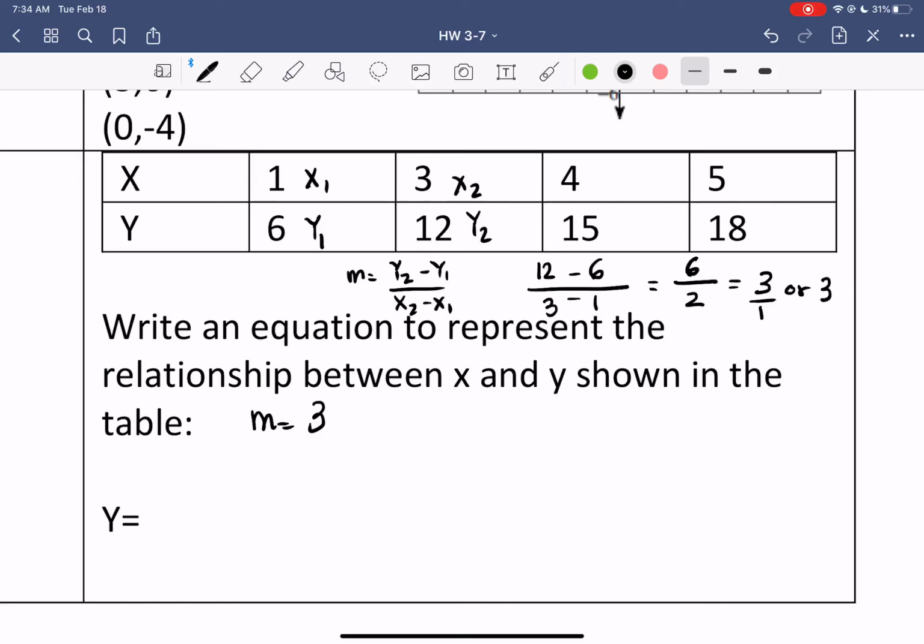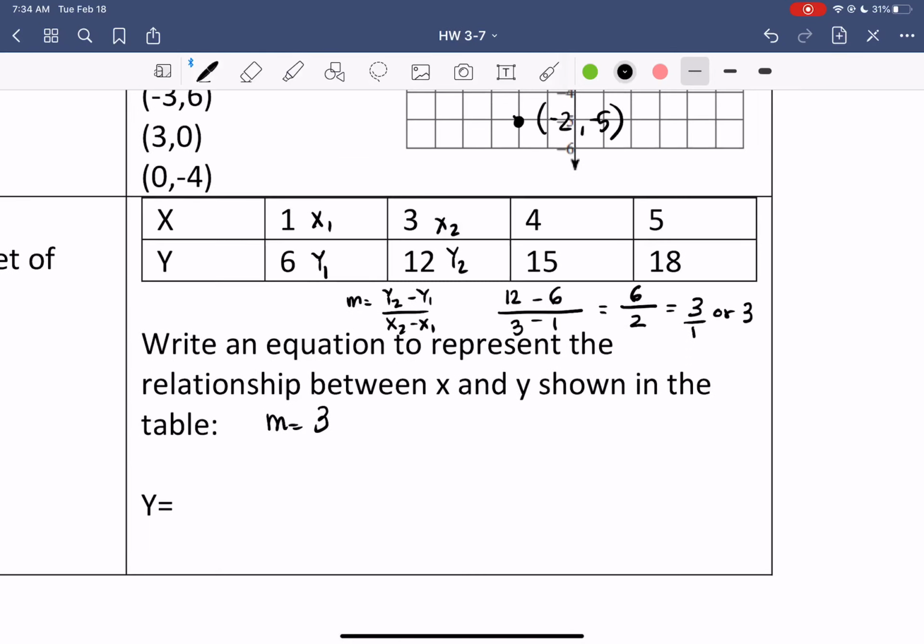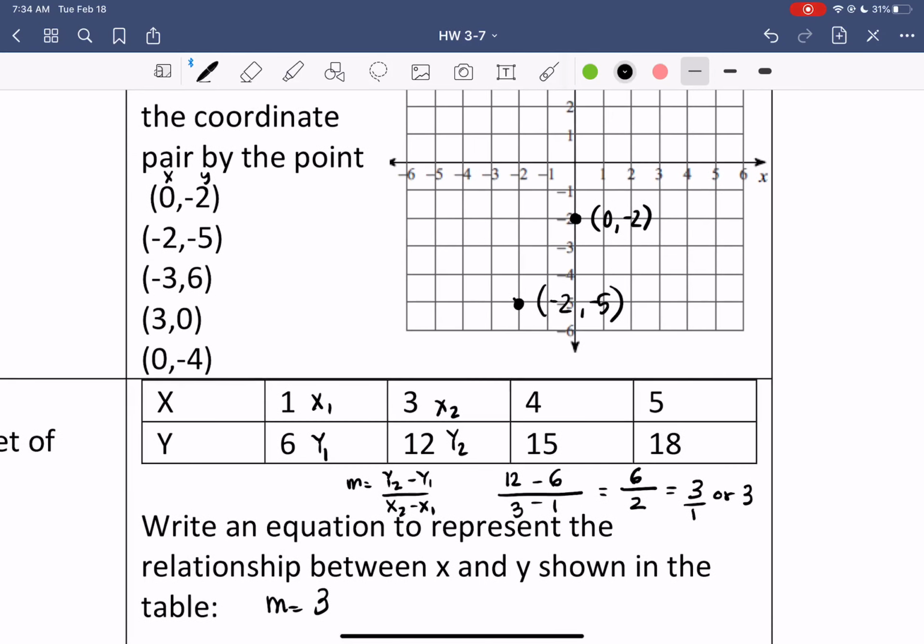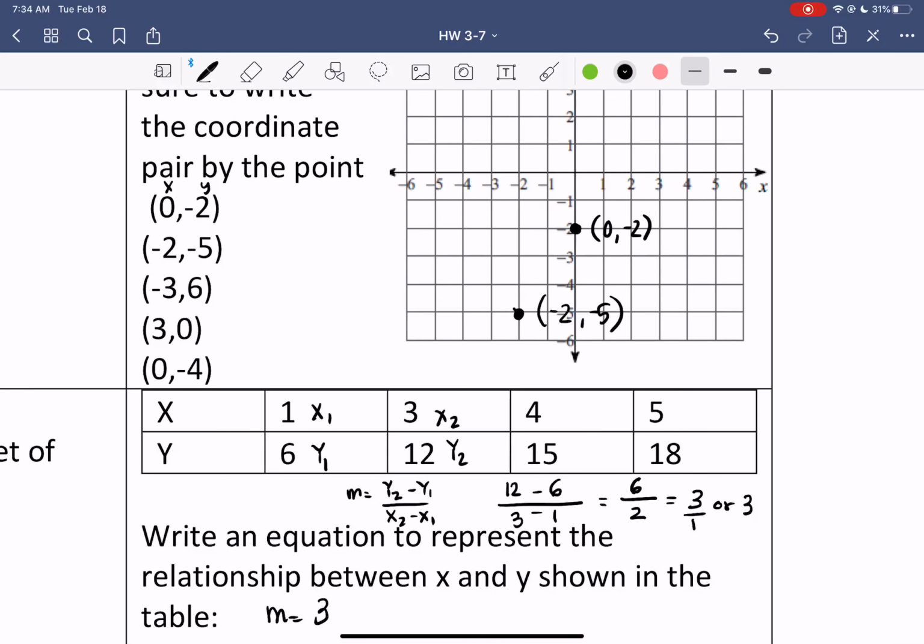So in order to find our b, we're going to learn on our calculators how to put in lists. But if you don't have a calculator and you do have a graph, I'm just going to show you a quick way to find that with this graph right here.